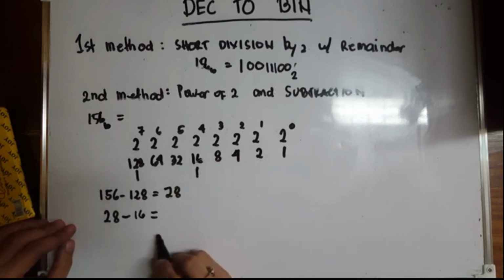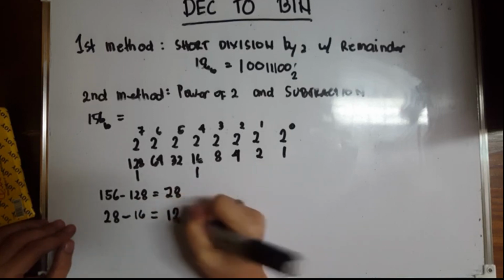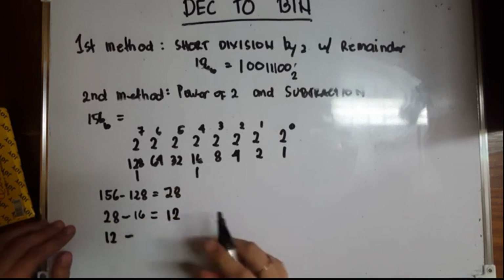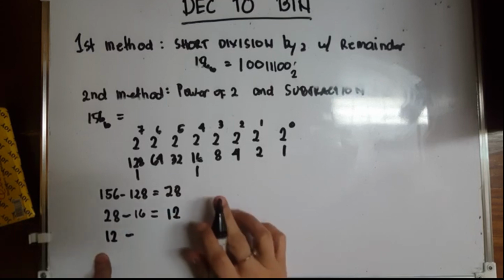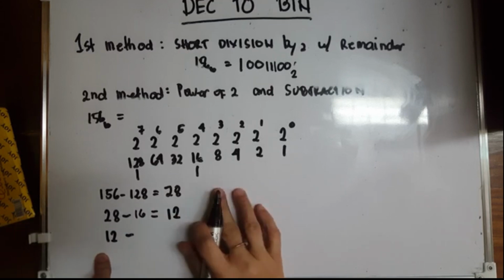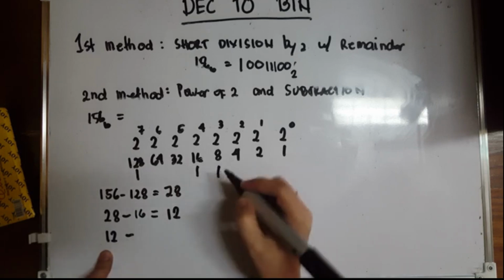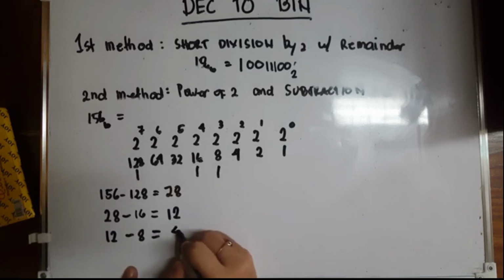So the answer for this is, of course, 12. So you're gonna put here 12 minus, what is the highest base 2 number under 12? So we have 8. So you're gonna put here 1 and then minus 8. So this would be 4.